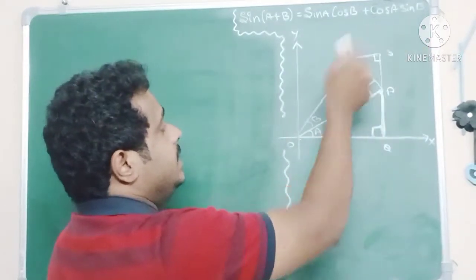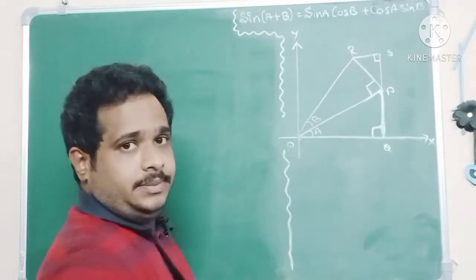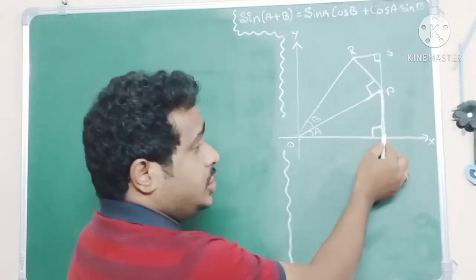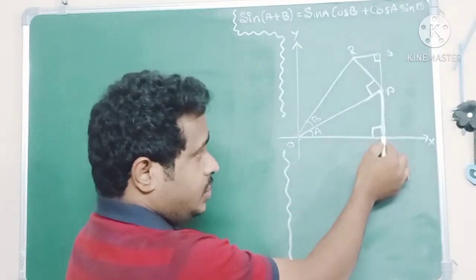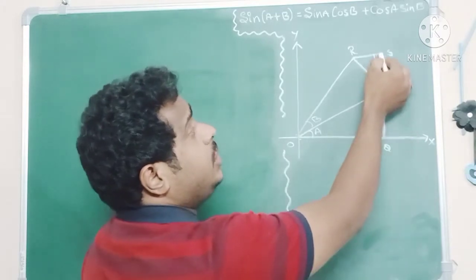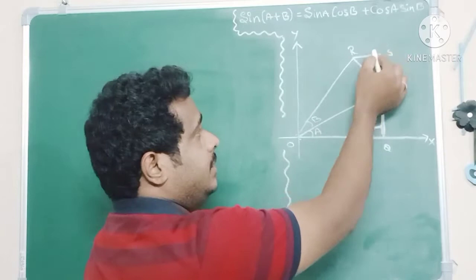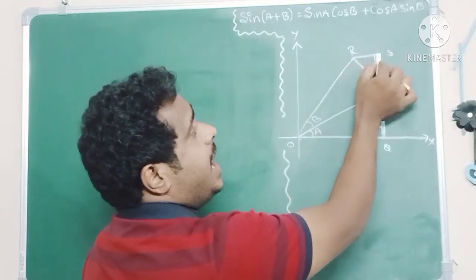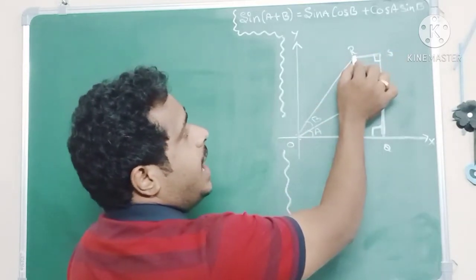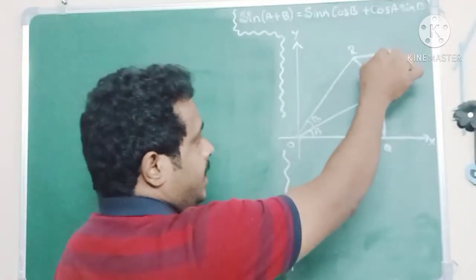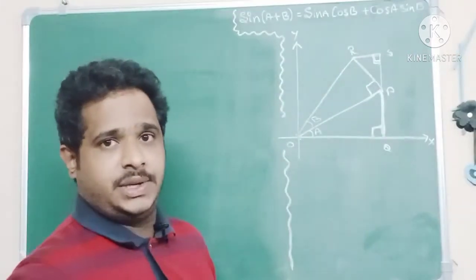Next, join OR. Now produce QP to S, and join RS, where RS is perpendicular to QS or SQ.